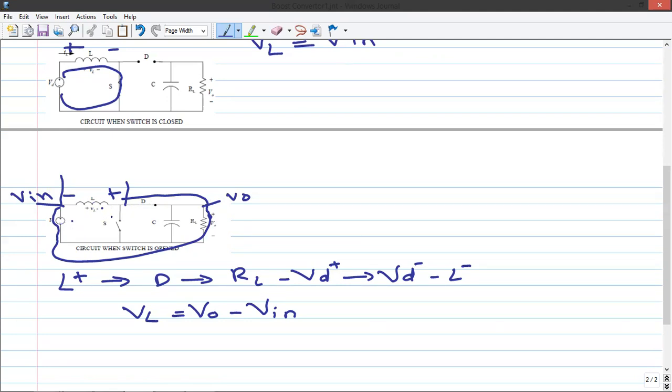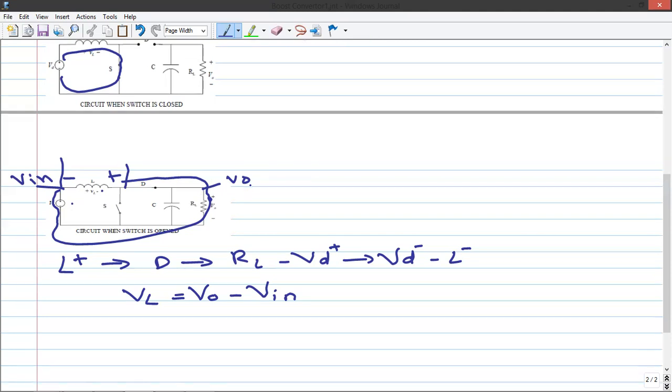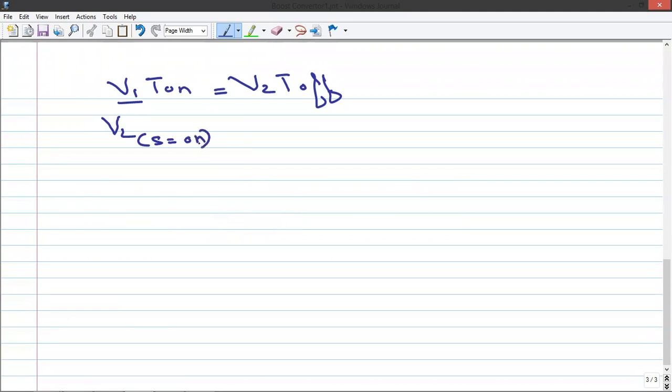Now we will derive the equation for V out. For that we can use the voltage balancing theorem: V1 T on is equal to V2 T off. Here V1 is the magnetizing voltage across the inductor, that is, when the switch is on, the voltage across the inductor. V2 is the demagnetizing voltage across the inductor, when the switch is in the off position.